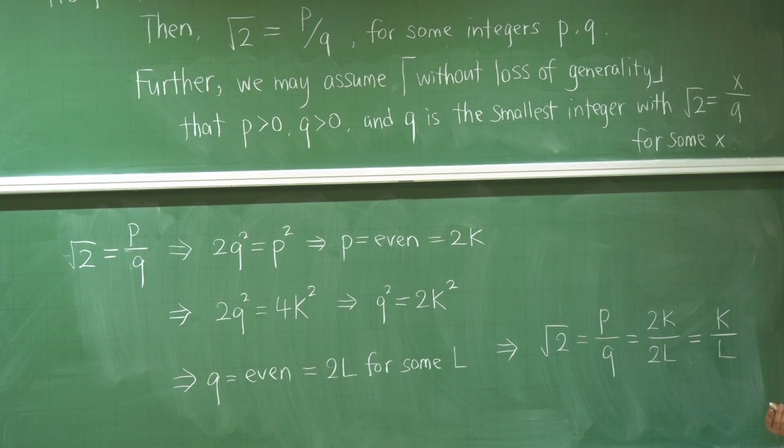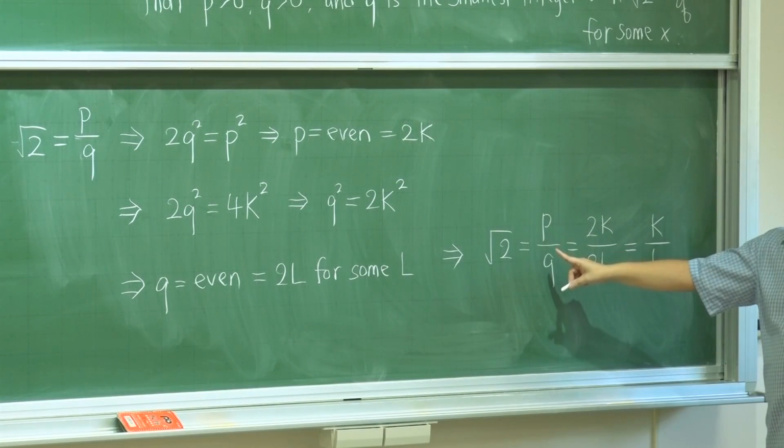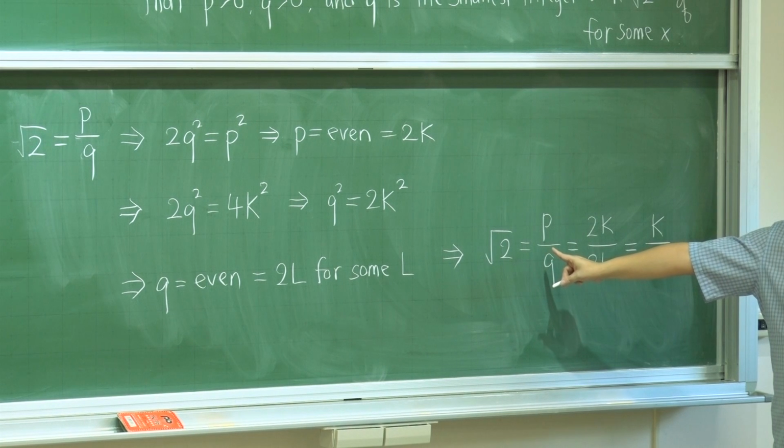Where is the contradiction? What's wrong? Look at the trap. The trap says what? Square root 2 is equal to x over q for some x. So this says q is the smallest integer that you can put as the denominator. It is equal to square root 2, right?